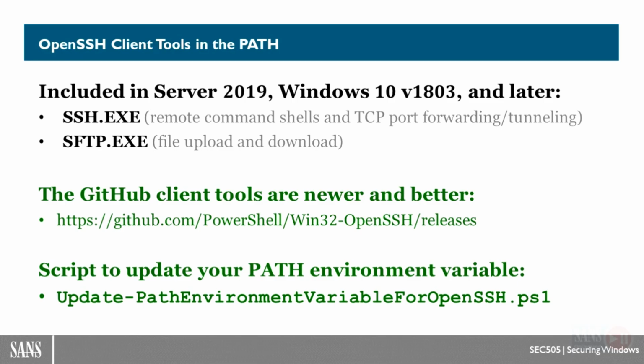There are client binary tools, and there's the server side. There's a binary that runs on the server, the target machine. That's the service or daemon that we're talking to. For the client tools, the two most important are ssh.exe and sftp.exe. SSH is the main SSH client tool.